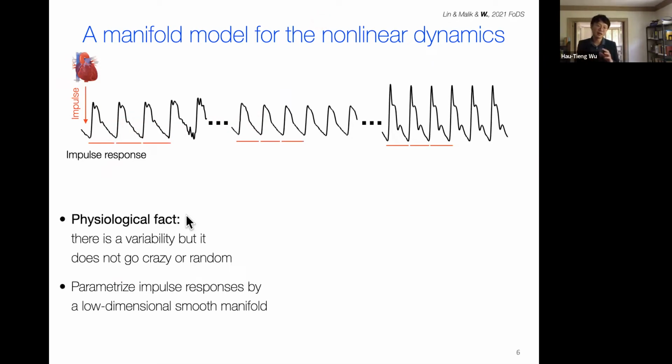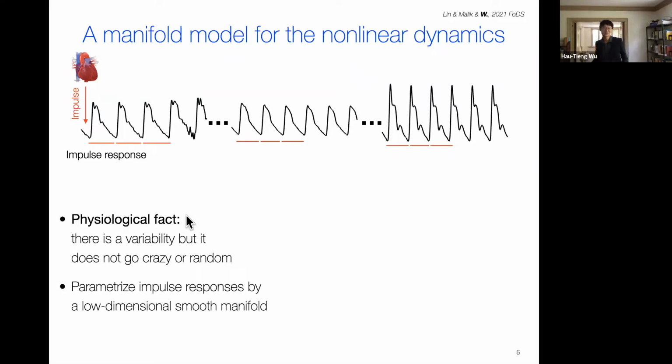Based on a physiological fact, there is variability, yes, but the variability does not go crazy or random. Although there are some variations, your heartbeat will not suddenly become white noise or something like sound. It doesn't behave in this way. There is some rule guiding it.